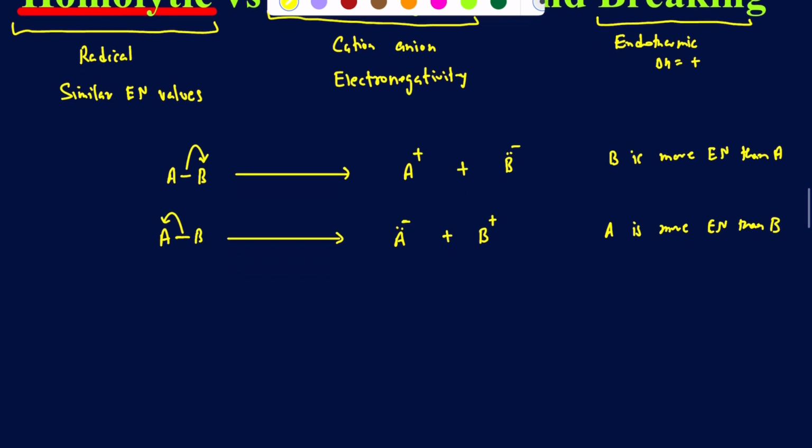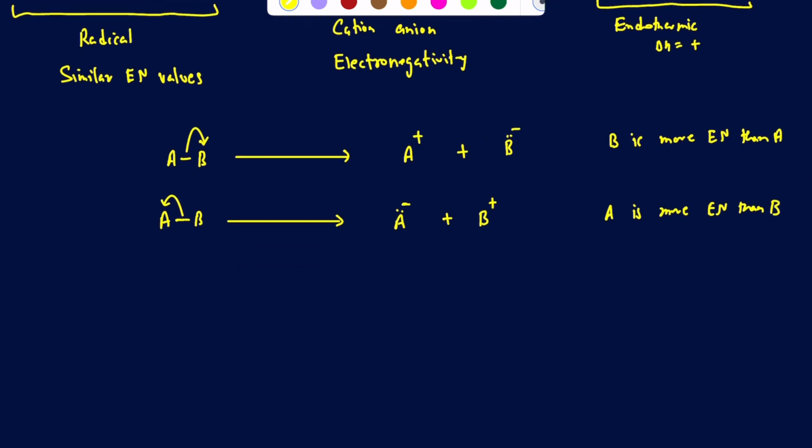But now let's suppose both A and B, the atoms making the bond, have similar or even the same electronegativity values. Then it becomes hard to break that bond heterolytically, and the bond would be broken homolytically. In homolytic bond breaking, one electron goes to each of the atoms.